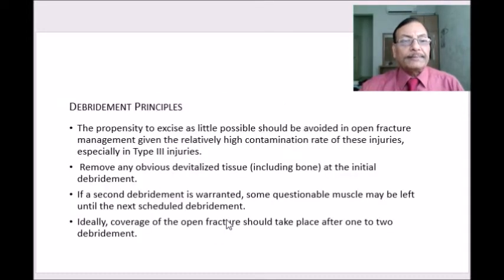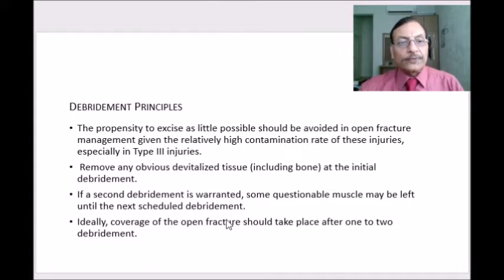Now, debridement is a necessary procedure, and what is the principle of debridement? The propensity to excise as little as possible should be avoided in open fractures, because if you debride little, there is always a chance of high infection rate, especially in type 3 injuries.